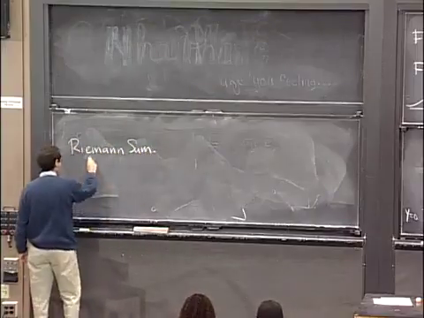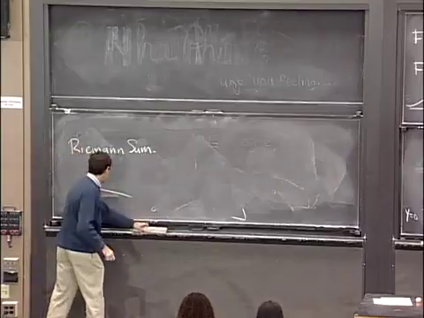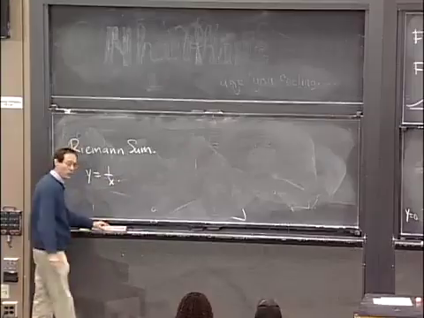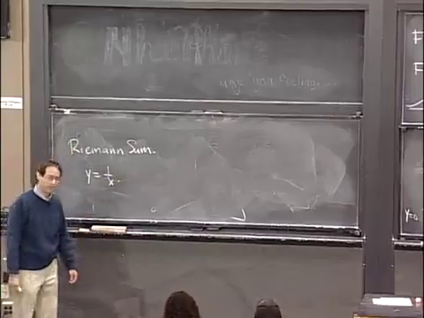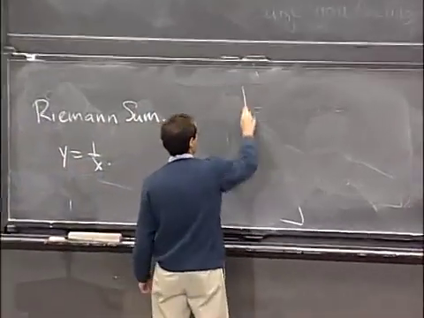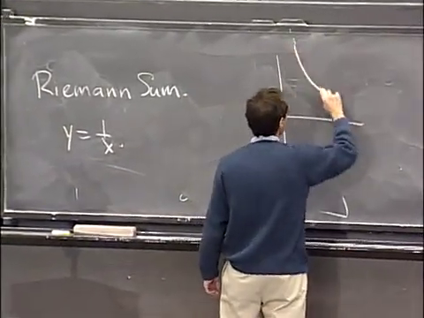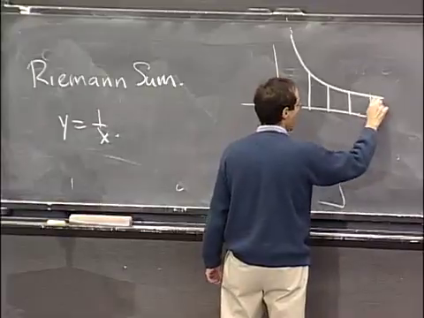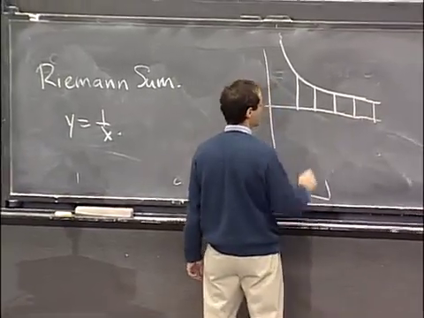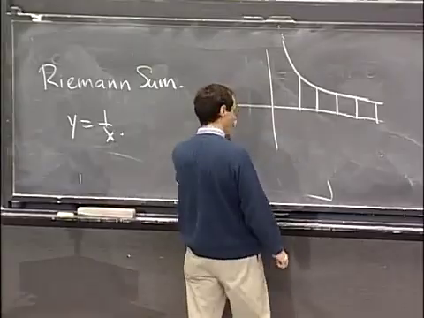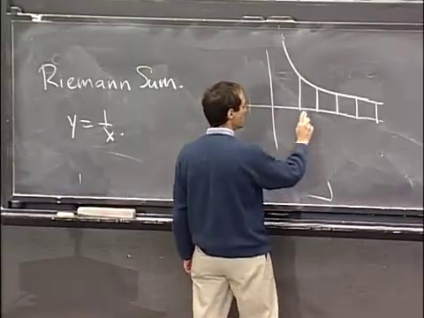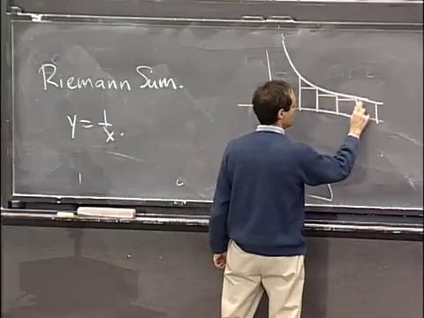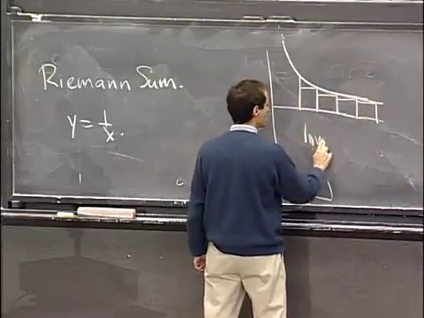And I'm going to give you a picture which is maybe this function y equals 1 over x, which was the one that we were discussing earlier. If you take the function y equals 1 over x and you break it up into pieces here, it doesn't matter how many pieces, let's just say there are 4 of them, then the lower Riemann sum is the staircase which fits underneath. So this one is a picture of the lower sum.